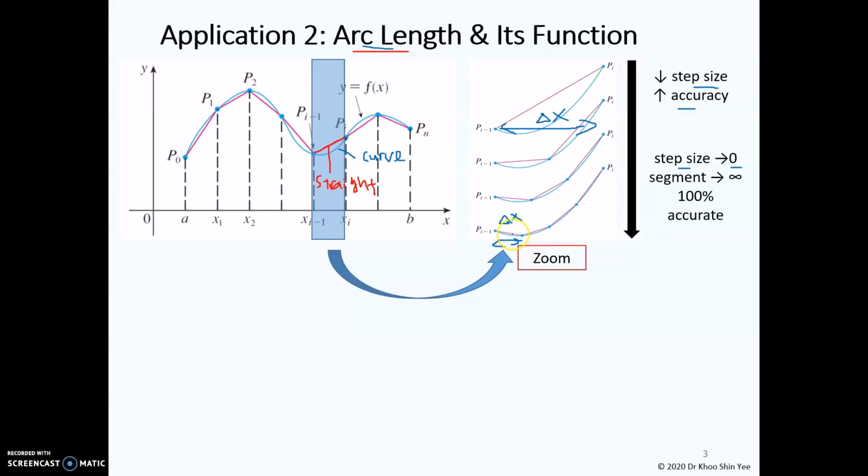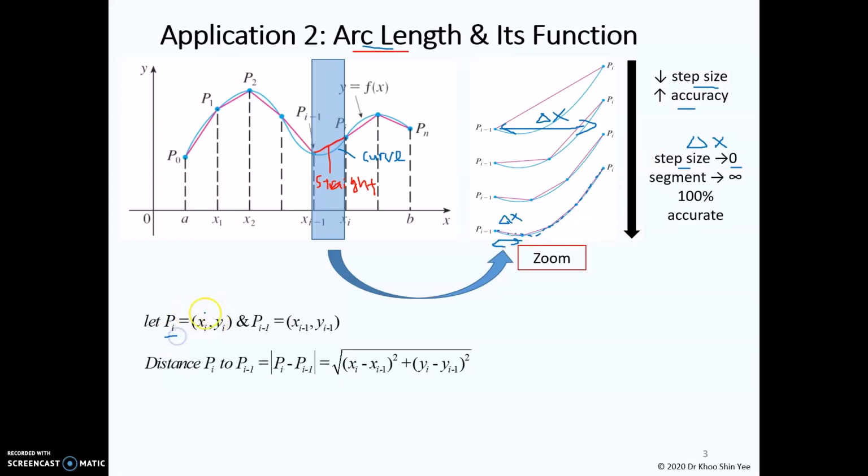Therefore, the red straight line approximates the blue curved line better. So if you further reduce the step size, delta x approaching 0, then you will obtain infinite segments on this curve. In this case, the distance of the blue curved line, which is the arc length, can be computed by using numerous infinitesimal straight lines.